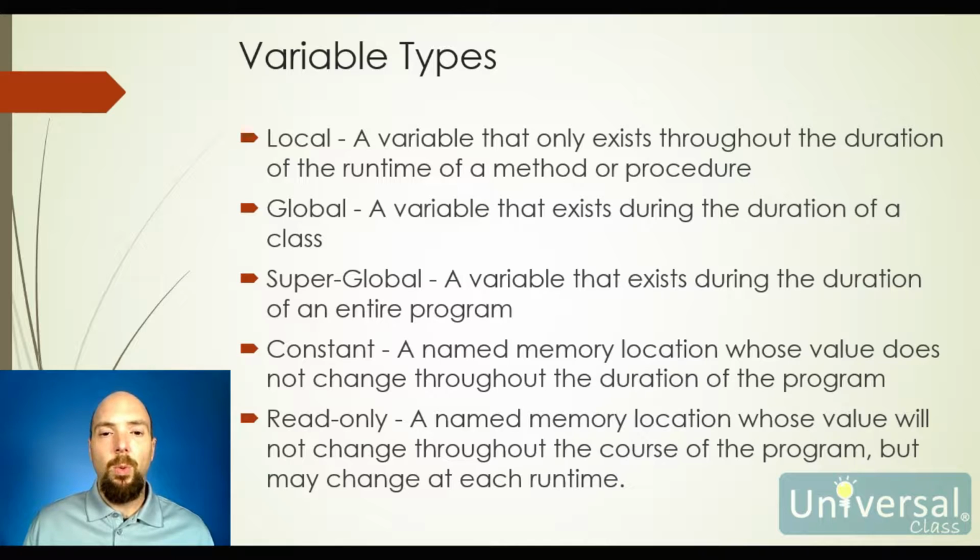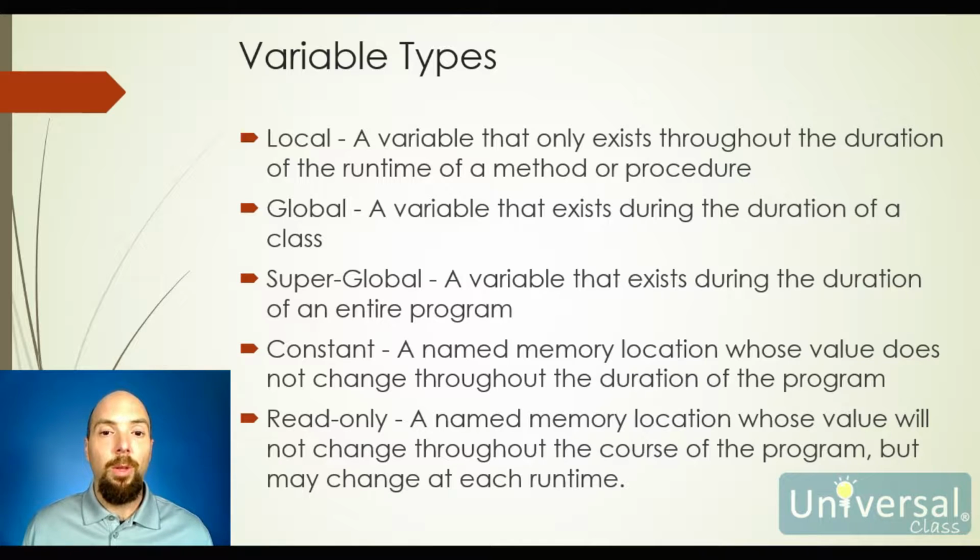Now, there's a difference between what's called a constant and a read-only memory location. A constant is one that, when I compile the program, when I actually build an executable file, gets hard-coded into the executable and there's no way to change it. A read-only is one where the value gets evaluated every time the program runs. The benefit to a read-only value is that I could look in the registry, or at another file like an INI file, or in a DLL, or I could ask the user for the initial value, and throughout the entire time that the program runs, that memory location cannot change.